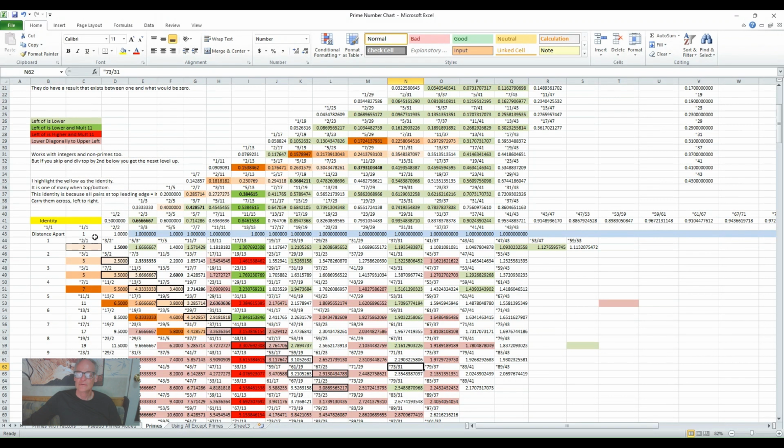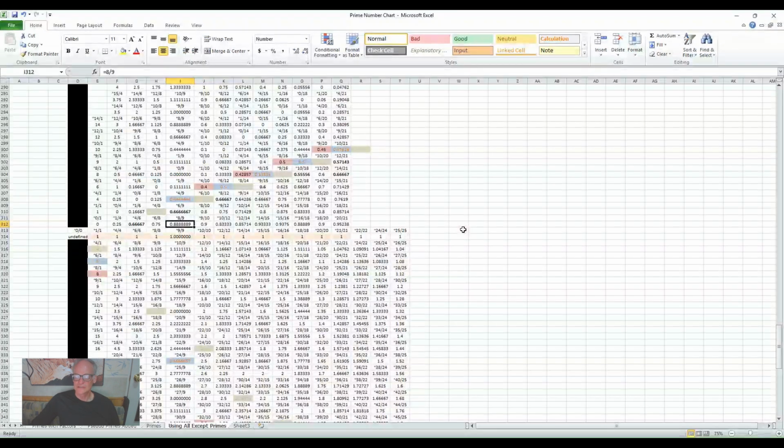You'll notice a little bit different boundaries of this table because it's only made of primes. Not to be outdone, I also made a table that is made up of only the non-primes.